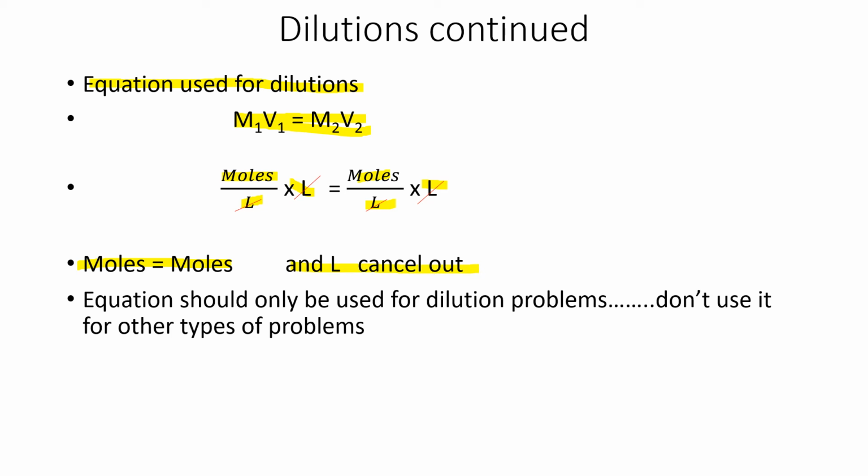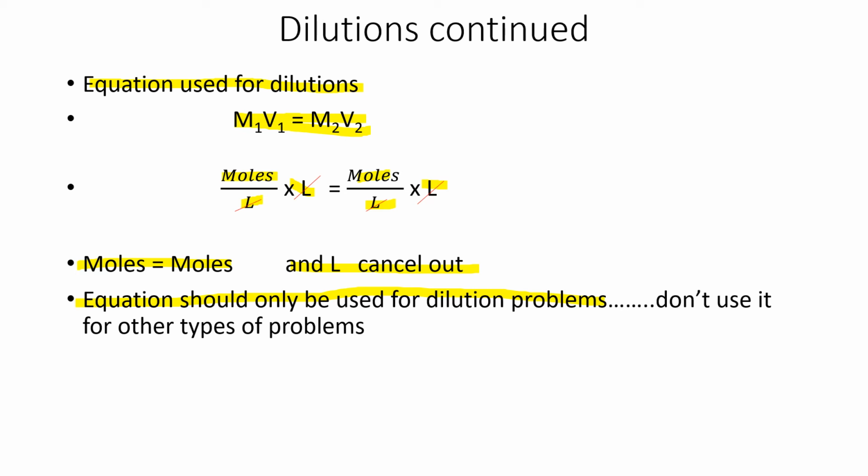So a little bit of a word of warning here. This equation, M1V1 equals M2V2, should only be used for dilution problems. Sometimes what ends up happening is people like this equation. It's pretty straightforward, it's pretty simple, they can do the calculation, and they start using it anytime they see a problem.